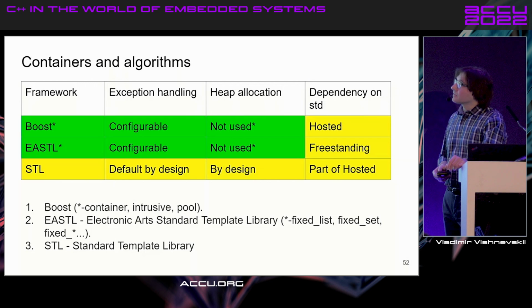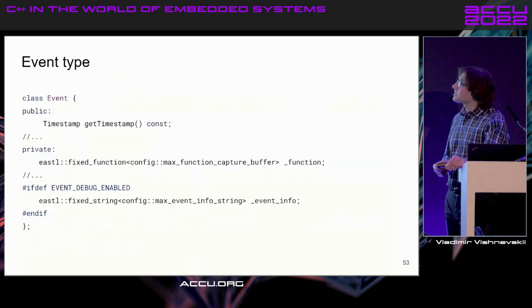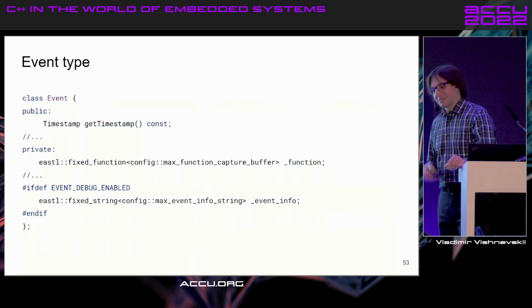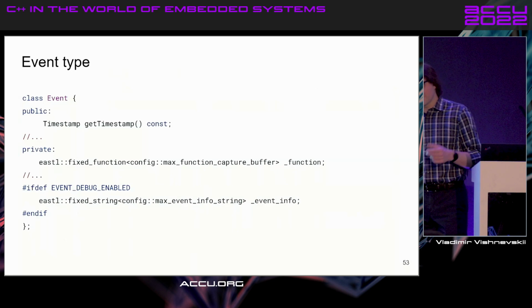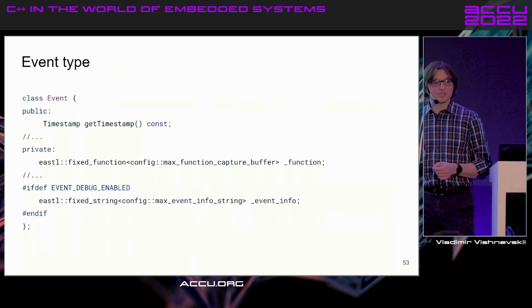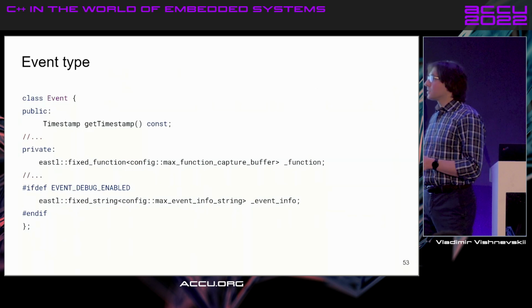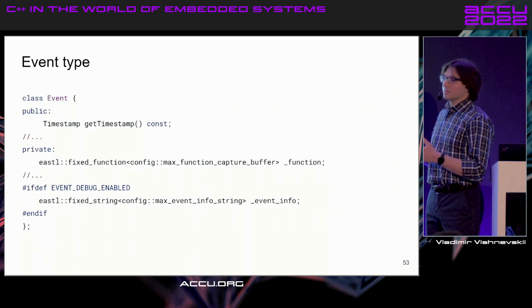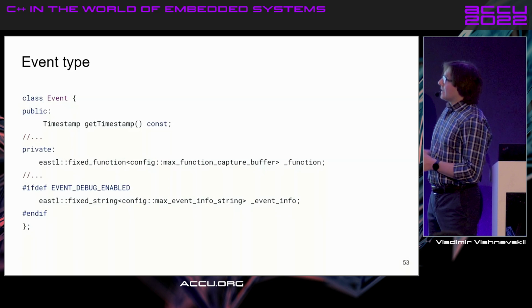Let's go through some examples and see how we can write a more modern C++ event queue, avoiding heap allocation, to some extent avoiding exceptions if we would like to do that, and at the same time writing more or less modern code.